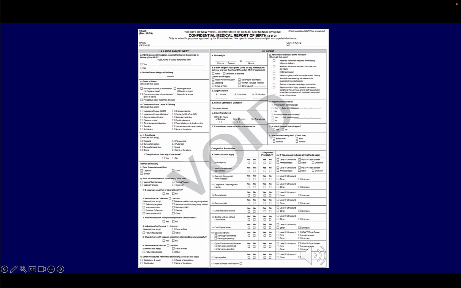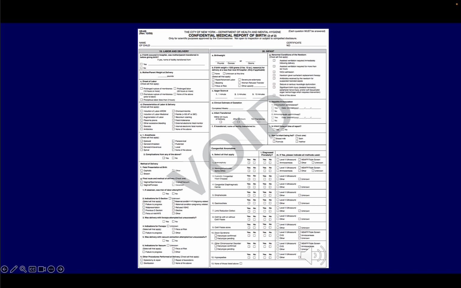And on the last page, there's information about the labor and delivery, such as the nature of the labor, whether or not anesthesia was used, the nature of delivery, including things like whether there was a C-section, and that makes it possible to track trends in the methods of delivery, for example.